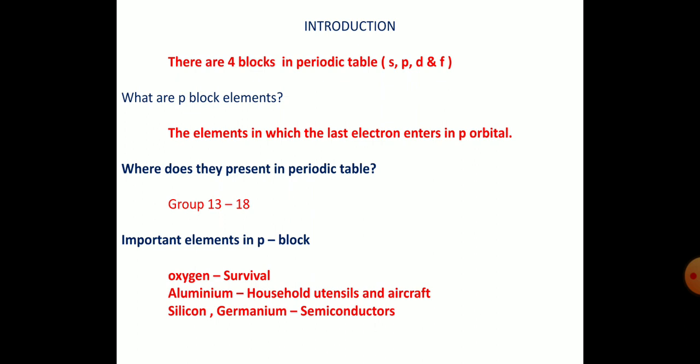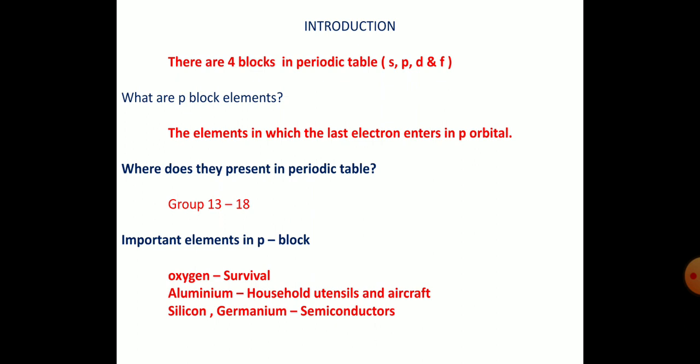Okay students, this is the introductory part about P block elements. Let us start from the beginning. How many blocks do we have in the periodic table? Yes, very good. We have 4 blocks in the periodic table. What are they? They are S block elements, P block elements, D and finally F block elements. These are the blocks of elements present in the periodic table.